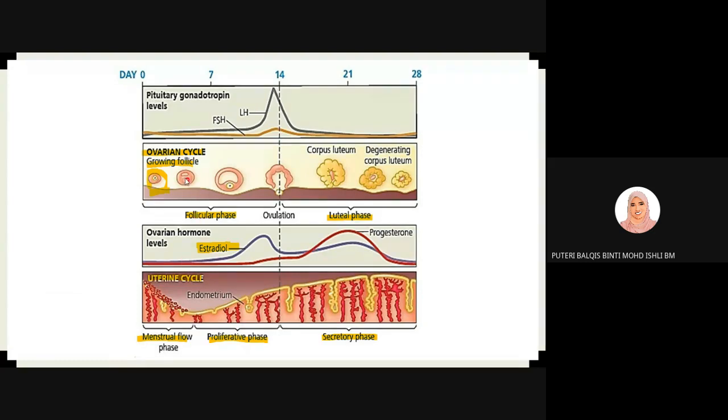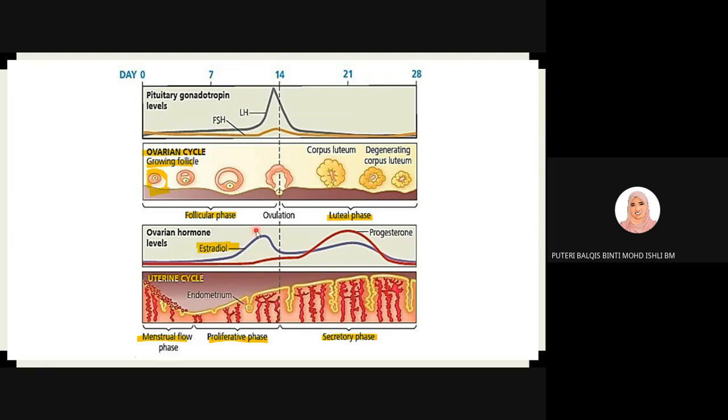So now, kalau kita tengok makin lama, FSH dengan LH ni makin naik. As you can see, the follicle started to grow. Bila follicle dah besar macam ni, estrogen will also increase. High level of estrogen will give positive feedback to FSH and LH.